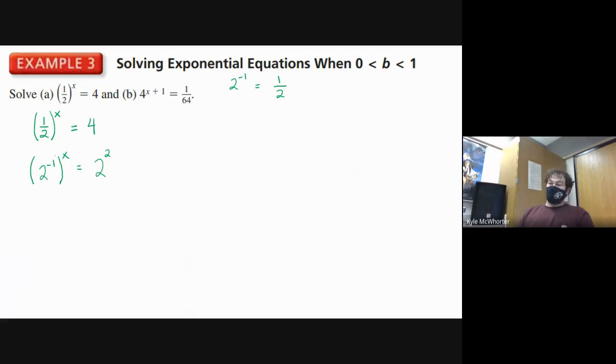Now I have a power raised to a power on the left side here, so -1 times x. So this is going to be 2 to the -x. And now we have same base, so we can set the exponents equal to each other.